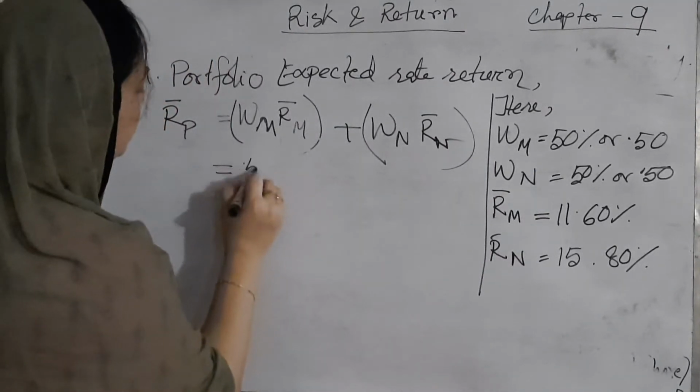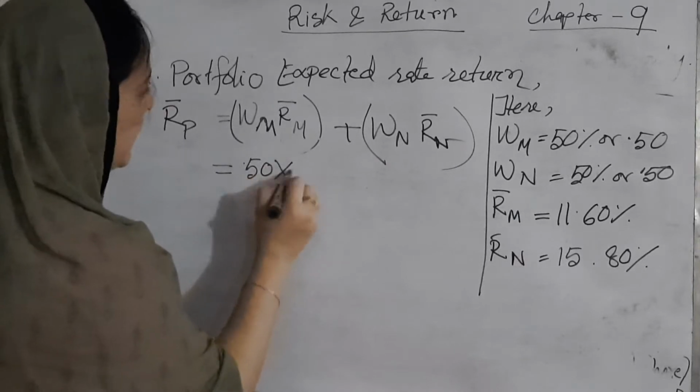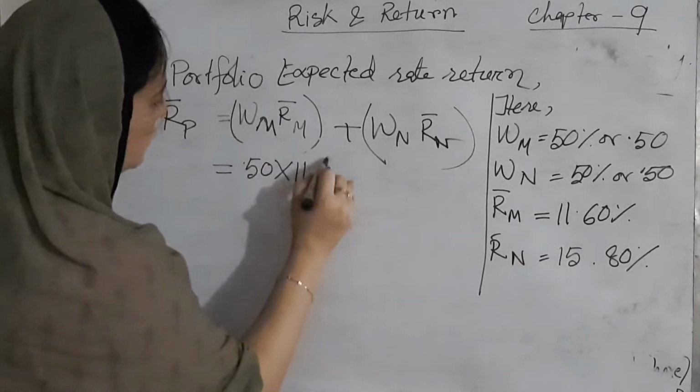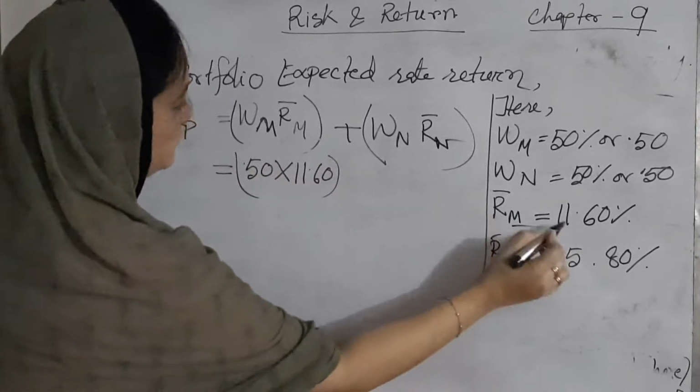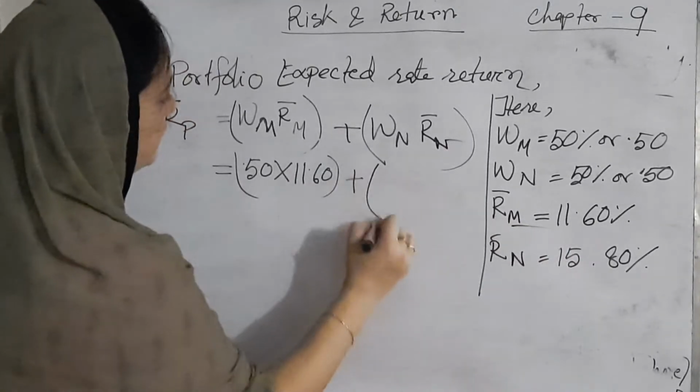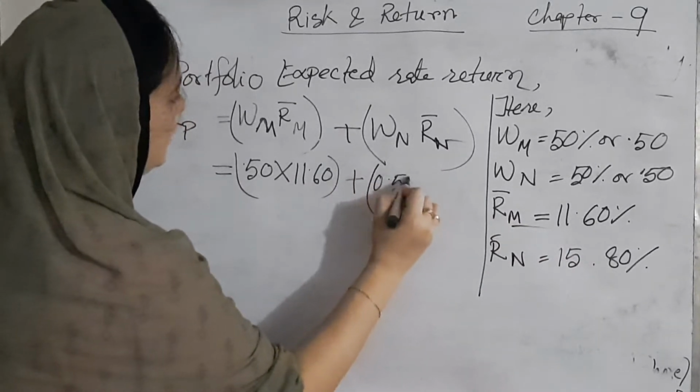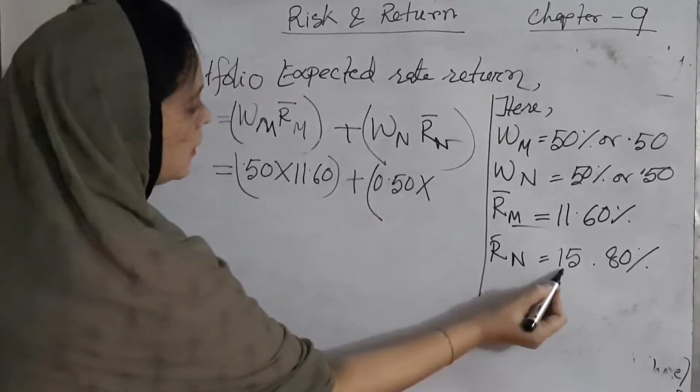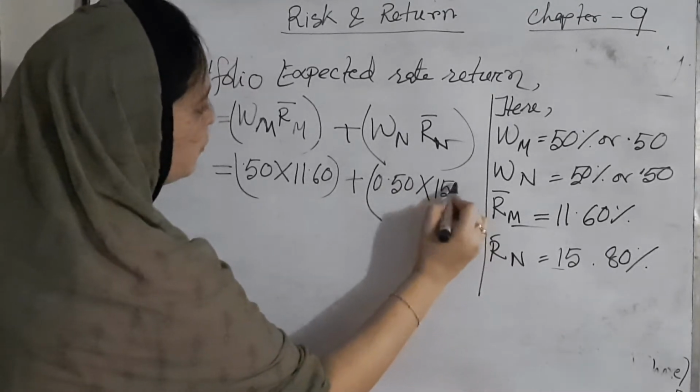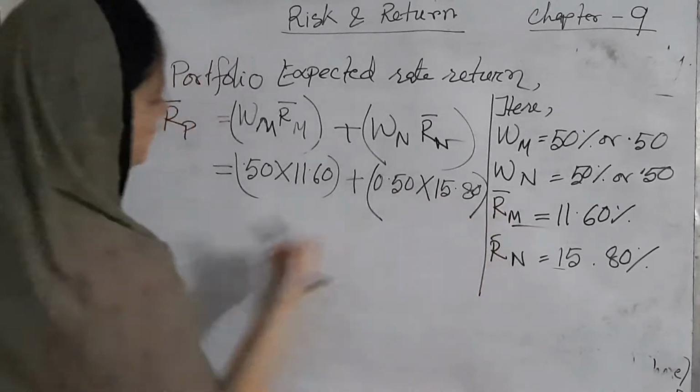So 0.50 multiply 11.60 plus 0.50 multiply 15.80.